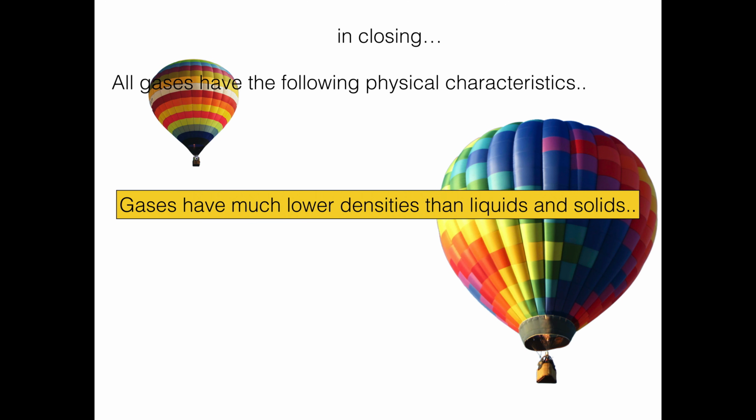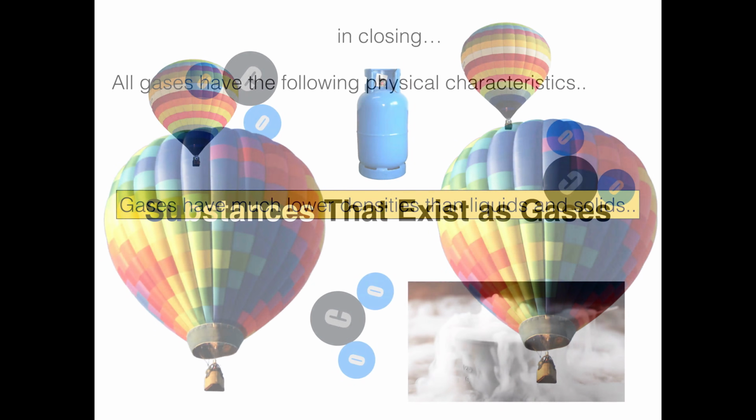And you have hot air balloons. When you heat up the air, those gas particles gain energy, and their density becomes a lot lower than the air that surrounds them on the outside, which is what causes them to be so light and to float up into the air like your hot air balloons.